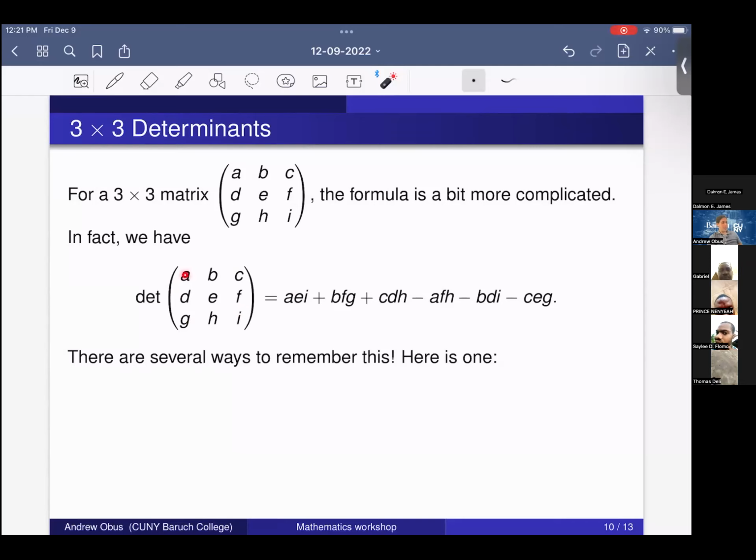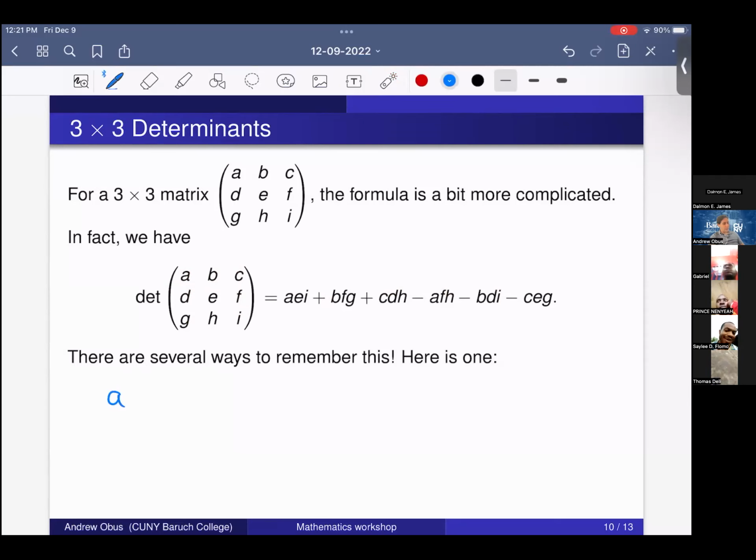The determinant is AEI plus BFG plus CDH minus AFH minus BDI minus CEG. So much harder to memorize than AD minus BC. But there are several ways to remember this, and today we'll talk about one of them.